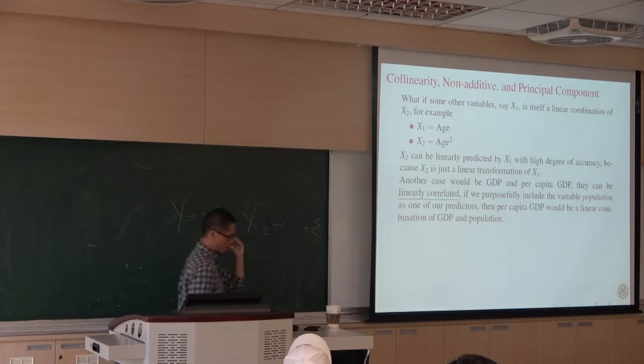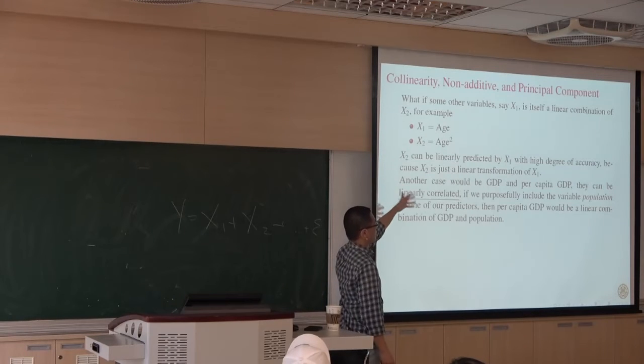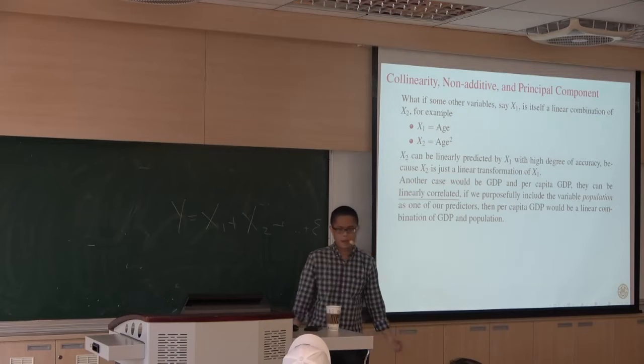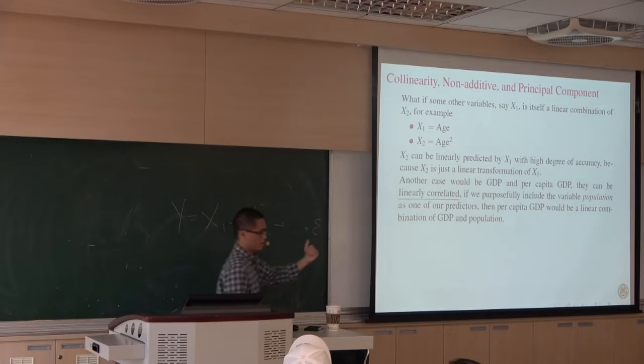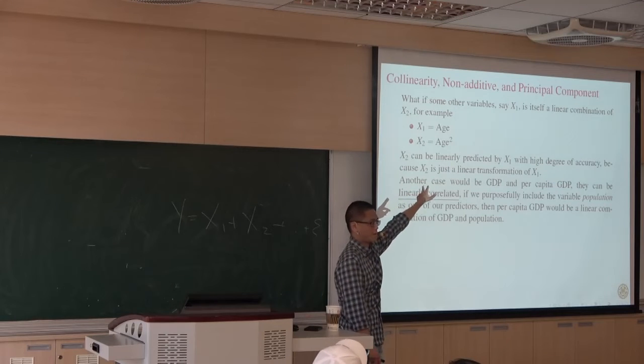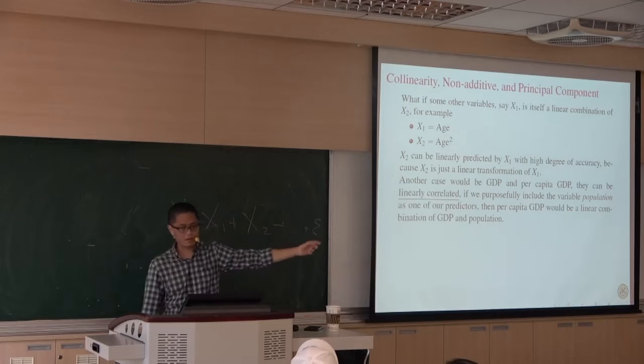So I would simply say linear combination of x2. Here's an example: suppose x1 is age, and x2 could be age squared. There are instances where you would like to use a polynomial to capture the underlying relationship between an x variable and a dependent variable.